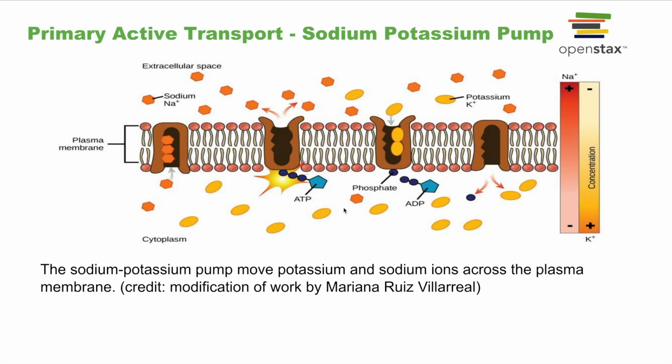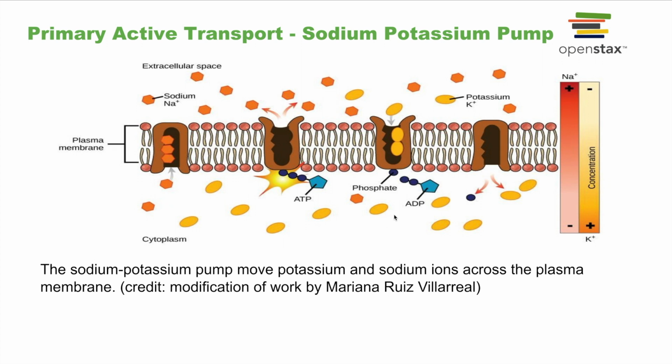And also, as a result of the work of this channel, the concentration of potassium ions is higher inside the cell as compared to outside the cell. So for each 3 sodium ions that this pump pushes outside the cell, it brings in 2 potassium ions into the cell.